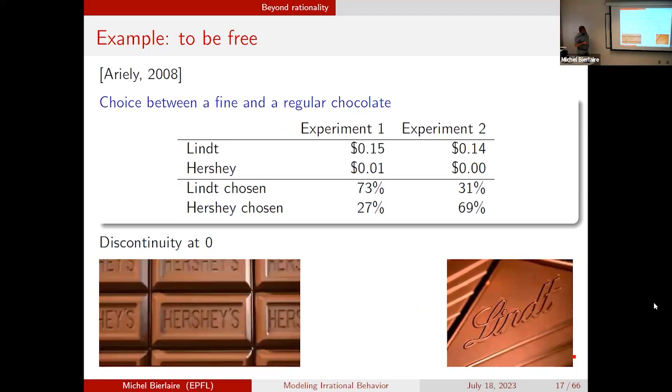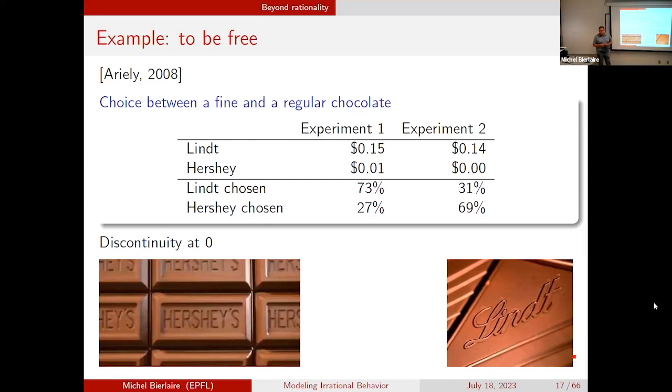Another interesting experiment that I took from the same book by Ariely is, again, a matter of proportion. So he took these two chocolates, one famous one from Switzerland, and one less famous one from the US. And here, the prices are 1 cent for the Hershey and 15 cents for the Lindt.